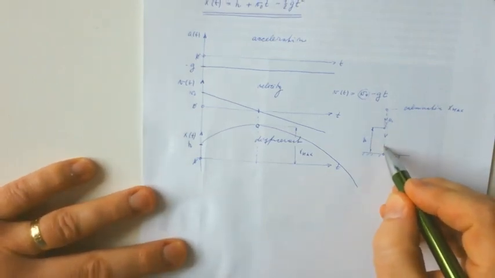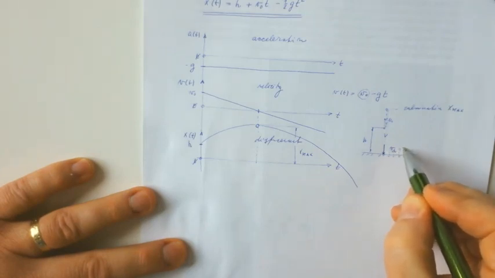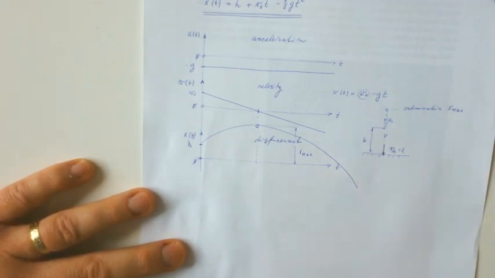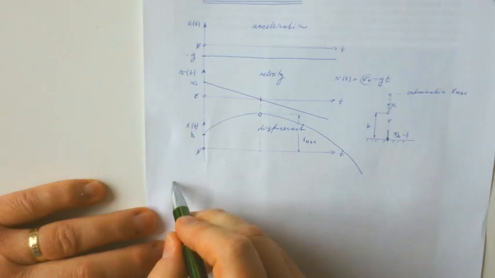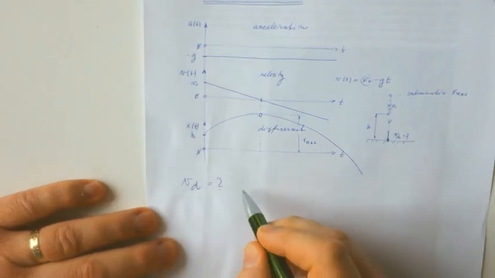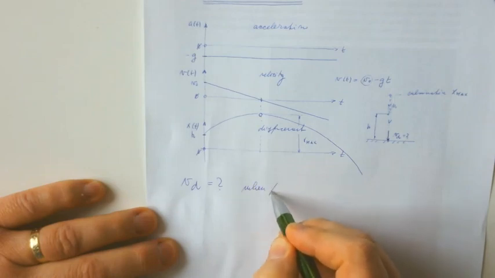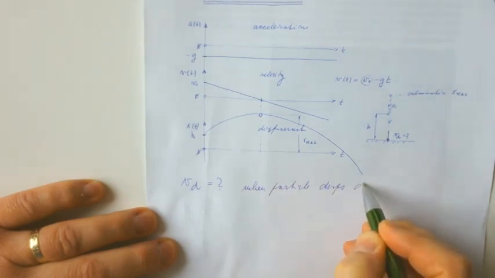And if we consider the velocity of drop down, and we would like to calculate it, so how we can do it? So what is Vd when particle drops down?